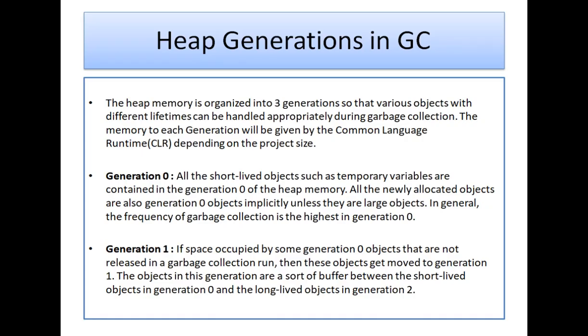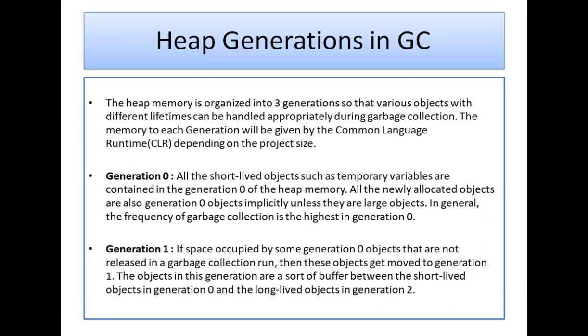That is why I first started with the heap generation. First of all, what happens in garbage collection is that the CLR will allocate one heap memory, dedicatedly for your particular program.